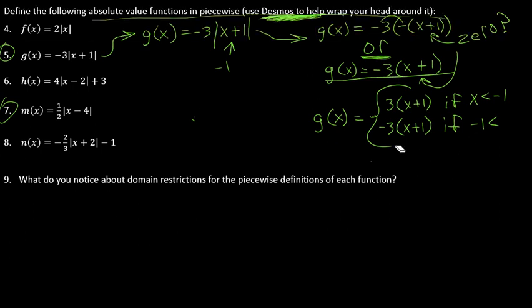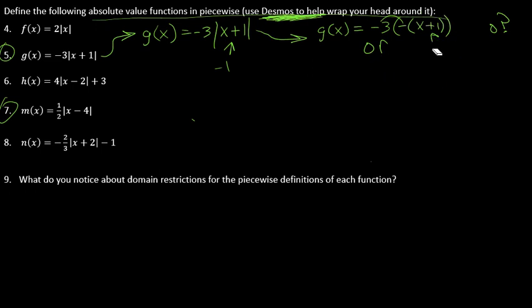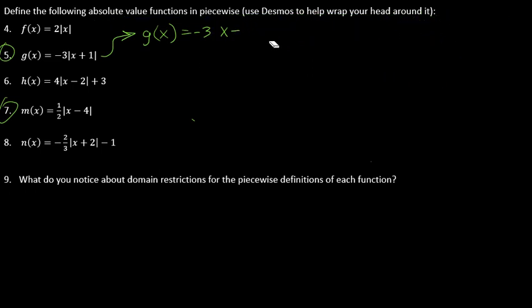If I can find my eraser. So number 7, we've got something a little bit uglier, which is good because, you know, it'll freak you out less when you see number 8. So again, I'm going to write it out as m of x equals, okay, so it's absolute value.